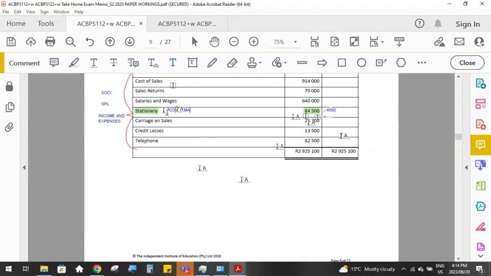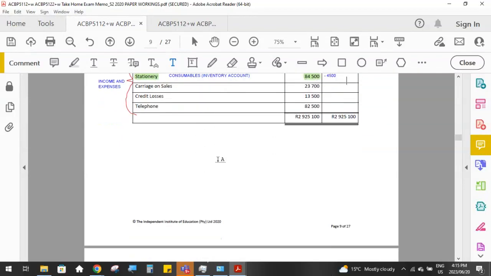In other words, it's an inventory account. And credit stationery. So we've made one adjustment already to our carrying value that will appear in our final trial balance.